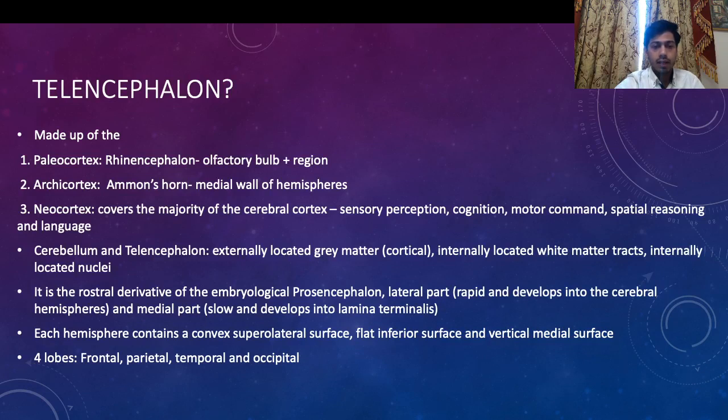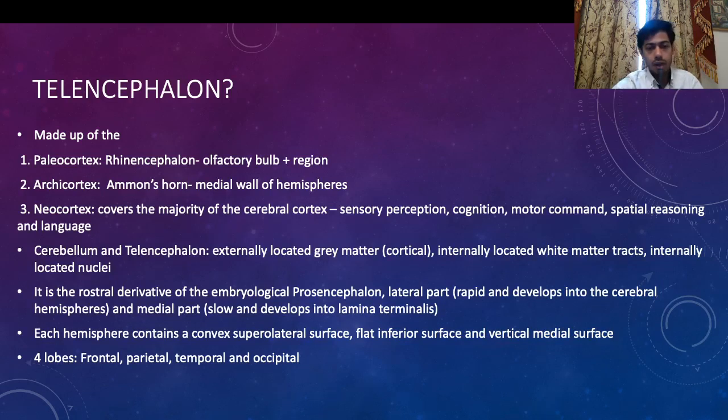The archicortex is composed of the Ammon's horn, and it basically makes the medial wall of the hemispheres, whereas the neocortex, which covers the majority of the cerebral cortex in terms of composition, makes up the vast majority of it, and its role in these layers is sensory perception, cognition, motor command, spatial reasoning, and language.